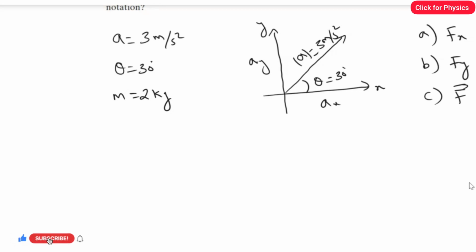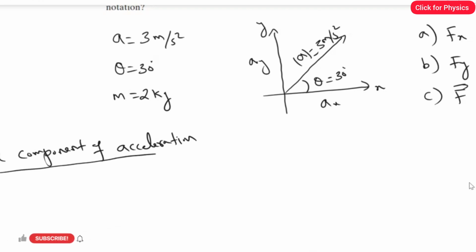So first I'm going to find the answer for the x component of the acceleration. What's the formula for finding the component? A of x is equal to the magnitude of a multiplied by cosine theta, right?